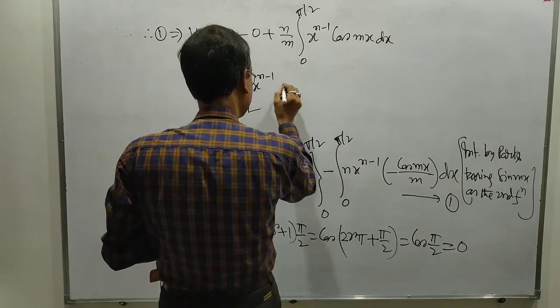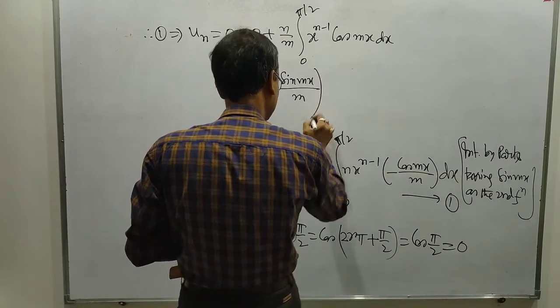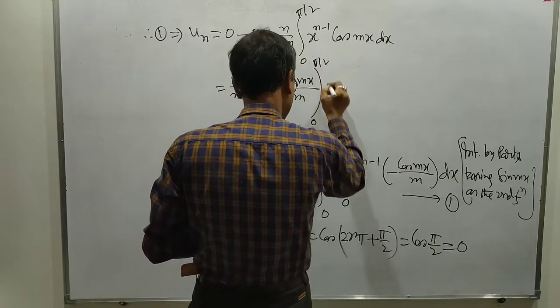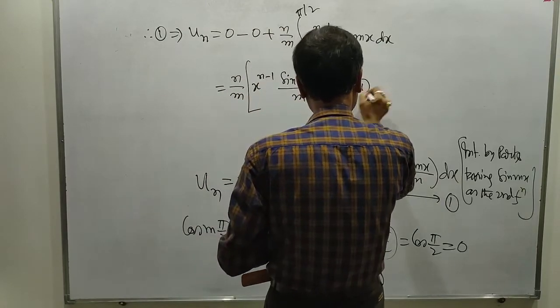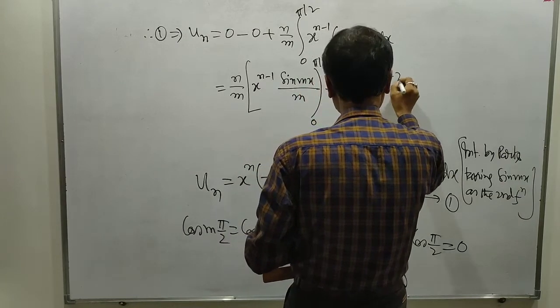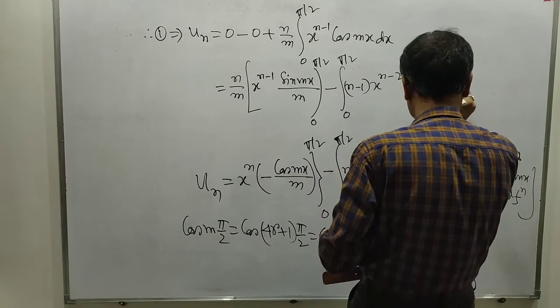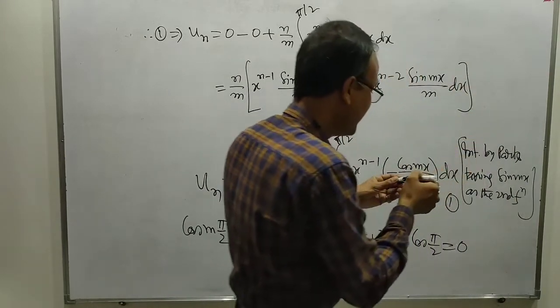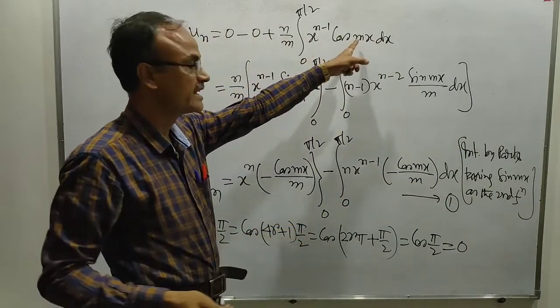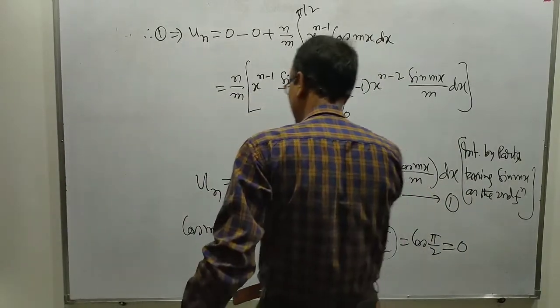X to the power n minus 1 sin mx divided by m, 0 to pi by 2, minus integration 0 to pi by 2 n minus 1 x to the power n minus 2 sin mx divided by m dx. Again integrating by parts, regarding cos mx as the second function.